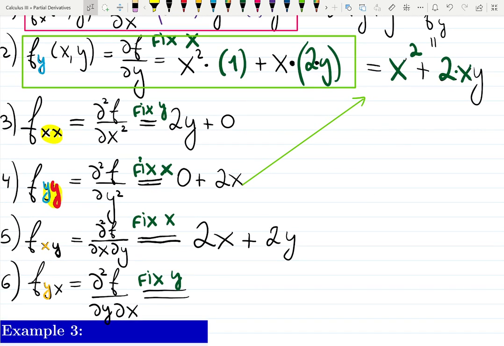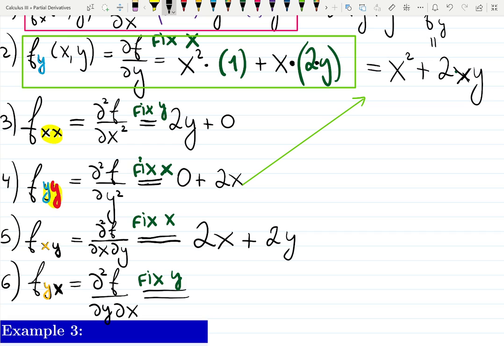I have x squared plus 2xy. They're all in black color. Your brain needs to handle distinguishing which one is important and which one is not. x is the variable. How do I know? Because of this notation over here.